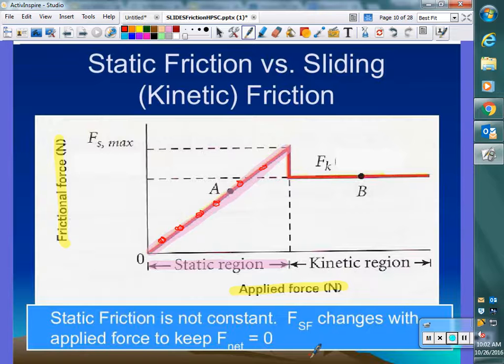So, if the x values are representing the applied force, how much we're pulling on the box, and the y values are representing the frictional force, how much friction is acting on the box, as we apply more and more force, friction gets bigger and bigger and bigger. And that means those two forces cancel each other out, and we're left with a net force equal to 0.